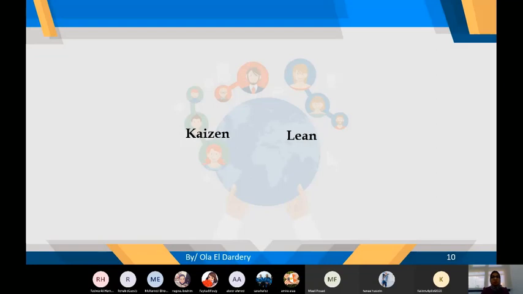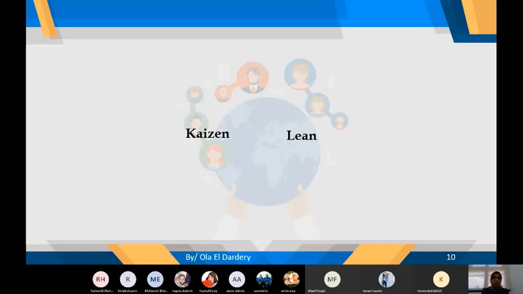All right, so when you ask people what is Kaizen, they say it's part of the Lean process, or Kaizen is Lean, right? Or they say that this is something related to Six Sigma, right? This is related to TQM, Total Quality Management.